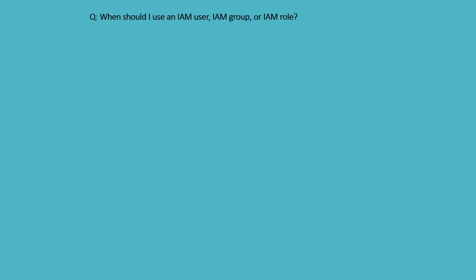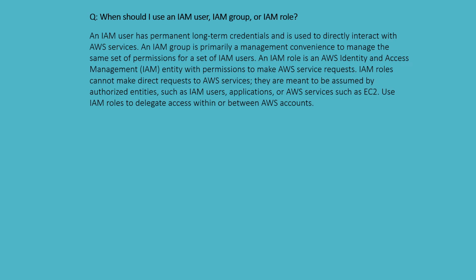When should I use IAM user, IAM group, IAM role? An IAM user has a permanent long-term credential and is used to directly interact with the AWS services. An IAM group is primarily used to manage the same set of permissions for a set of IAM users. An IAM role is an AWS identity and access management entity with permission to make AWS service requests. IAM roles cannot make direct requests to AWS services.